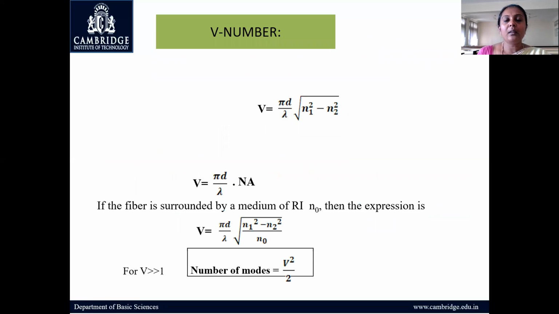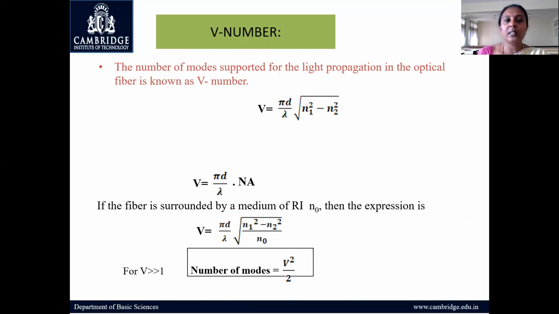So how do we find this number of paths? That is denoted by the symbol V number. The V number is the number of modes supported for light propagation in the optical fiber. So how do we find this V number?